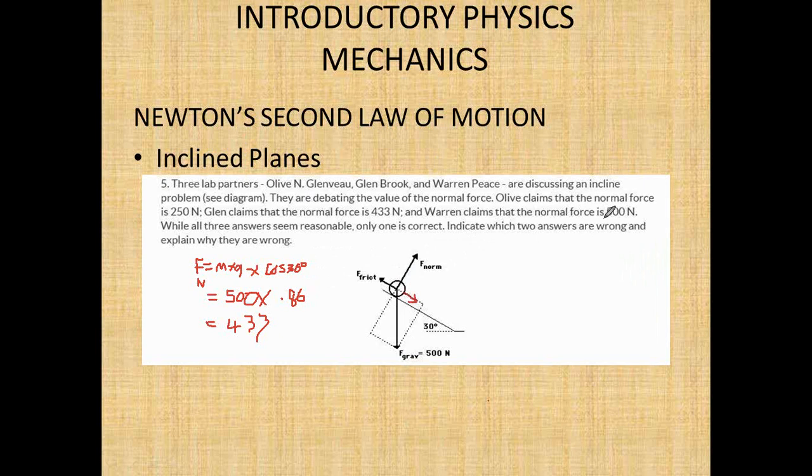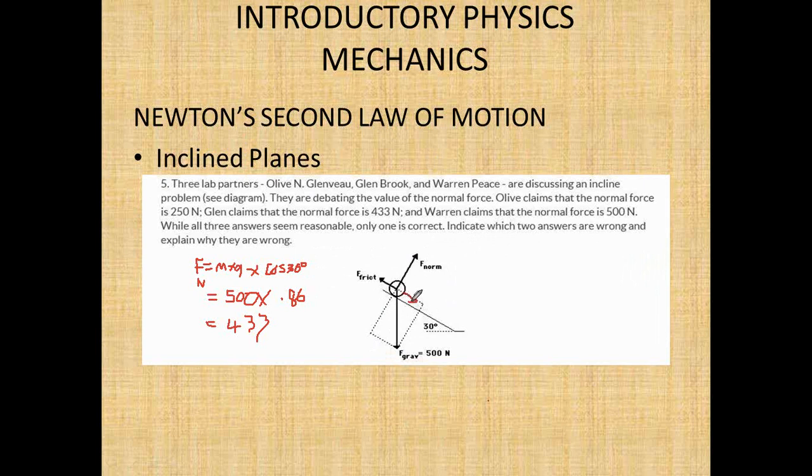Warren claims that the normal force is 500 newtons. We know that the force due to gravity is 500 newtons. The normal force is going to be less than the force due to gravity, because when you resolve the force due to gravity into its component parts, you have a parallel and a perpendicular component.